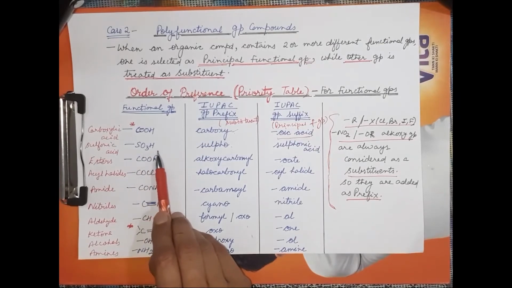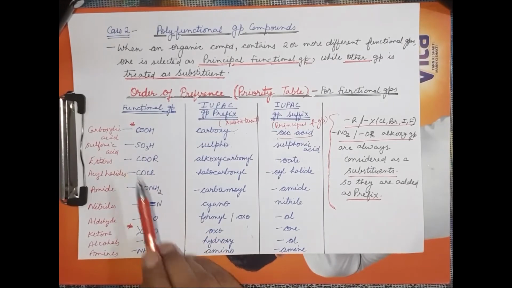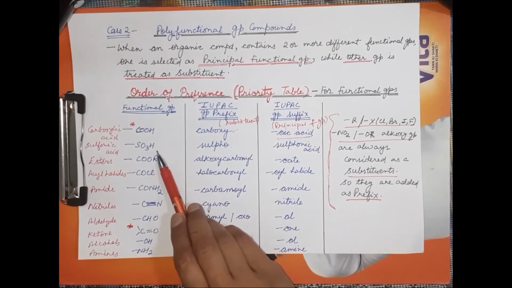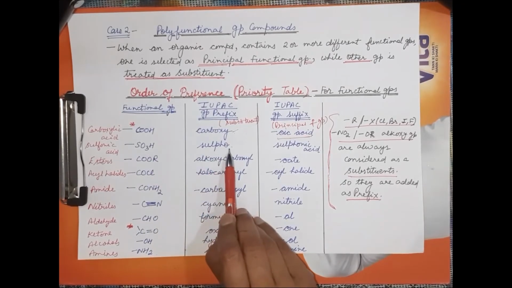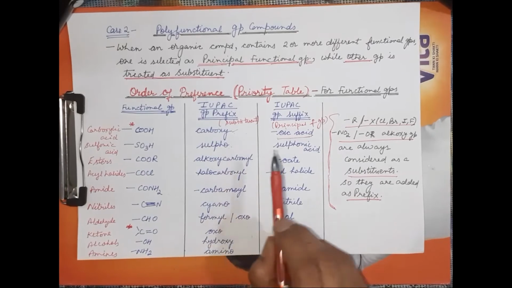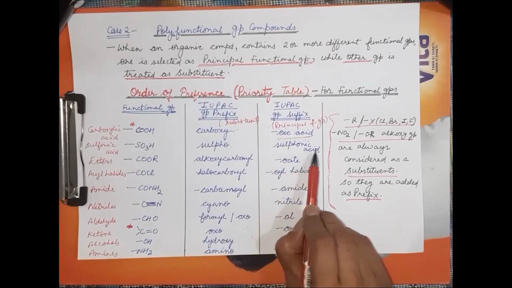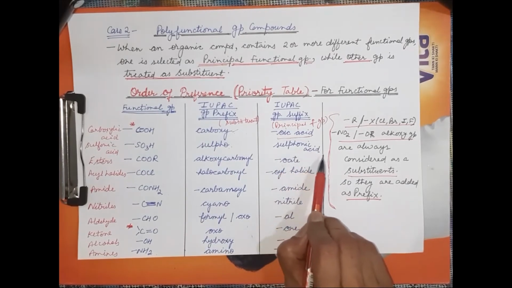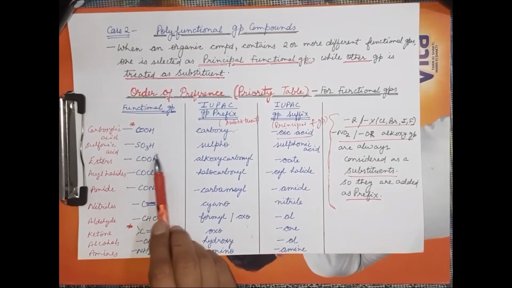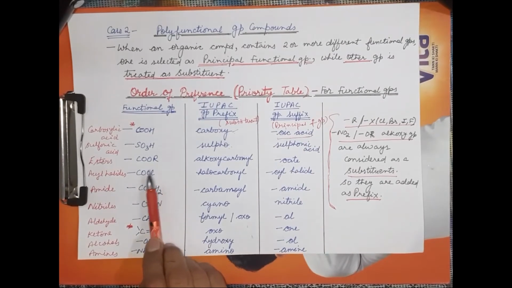Second comes SO3H or sulfonic acid. If it is present as a substituent, sulfo is added as a prefix. If it is present as a principal functional group, sulfonic acid is added. After sulfonic acid, ester comes, then the COCl group, then the CONH2 group, then the cyanide group or nitrile group, then aldehyde group, ketonic group, alcohols and amines.